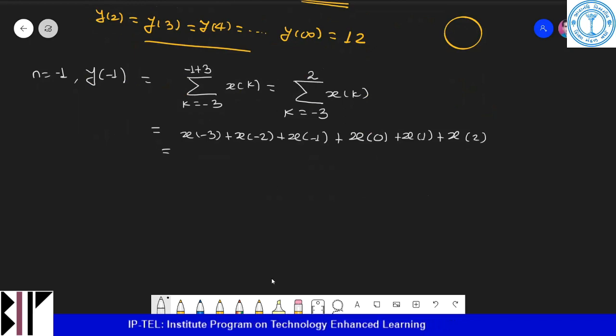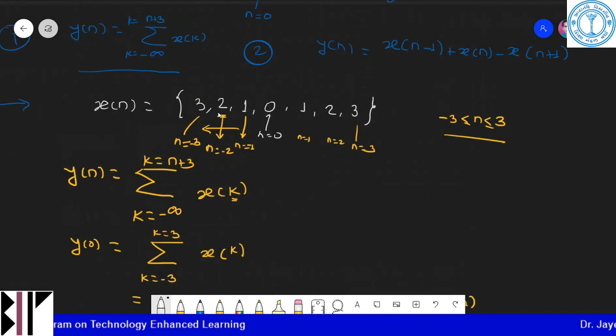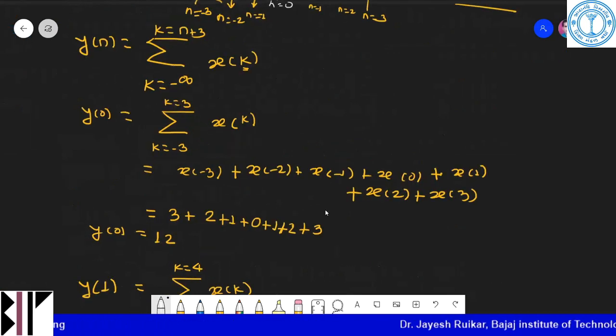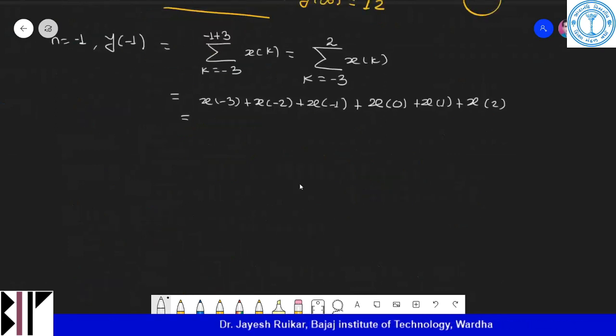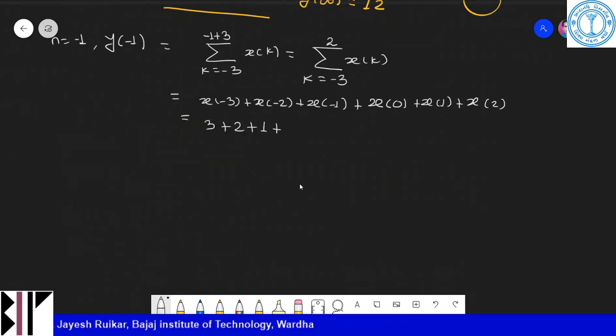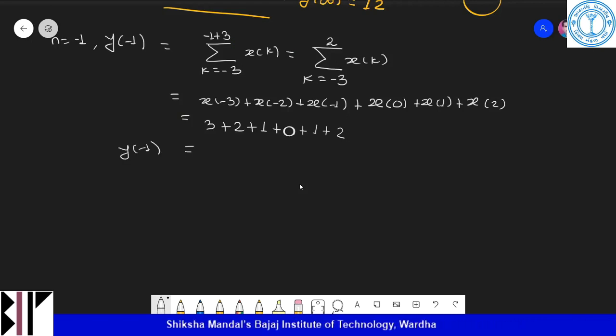I will rewrite here what x of n has been given: x of n is nothing but 3 2 1 0 1 2 3. So minus 3 value is 3 plus 2 plus 1 plus 0 plus 1 plus 2, and x of 2 is the last one. If we add this, y of minus 1 will be equal to 9.